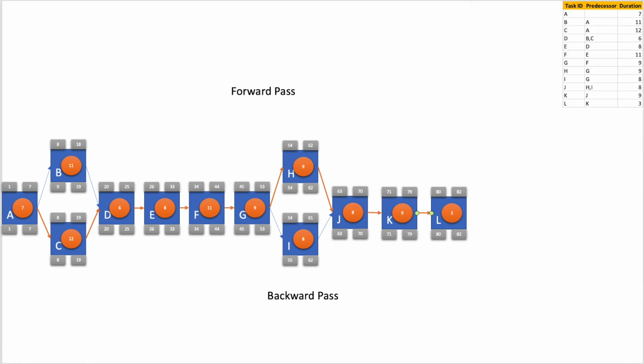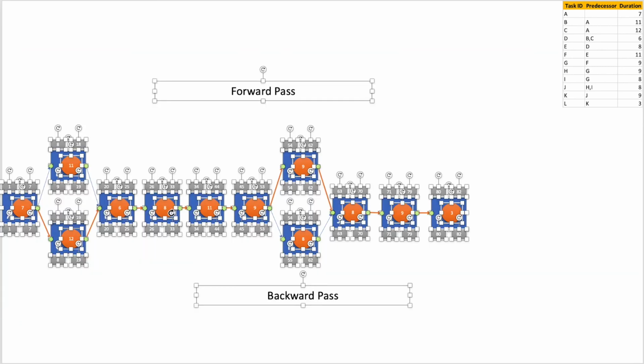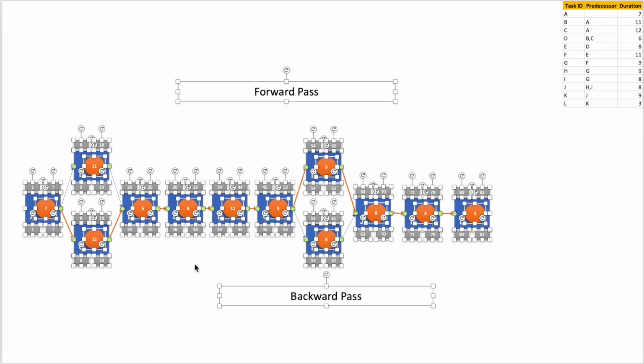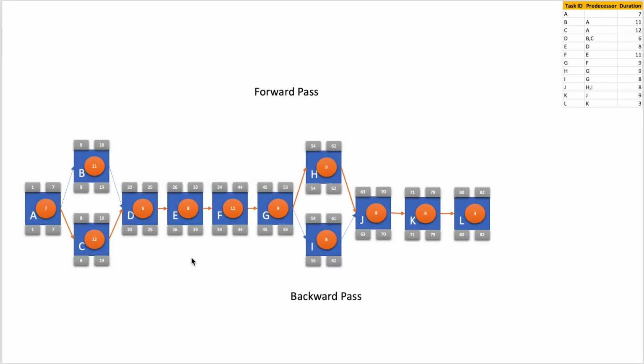So you notice that I have got a path which goes from the first activity in my network, that is activity A, till the last activity in the network, that is activity L. On this path, all the activities have got the same early start and early finish, and the same late start and late finish. That is, you notice that late start minus early start is equal to the slack.